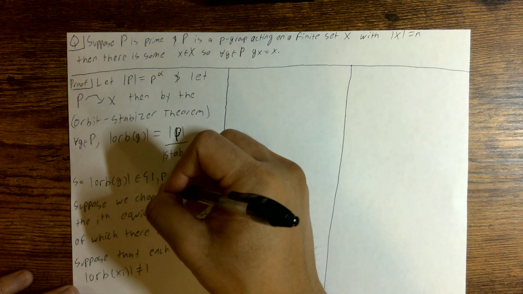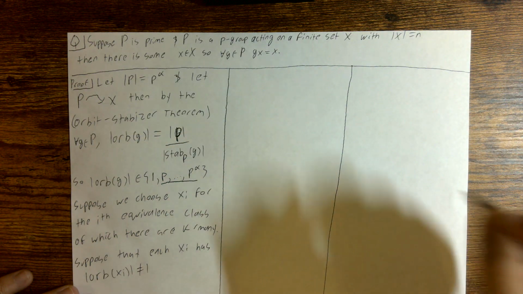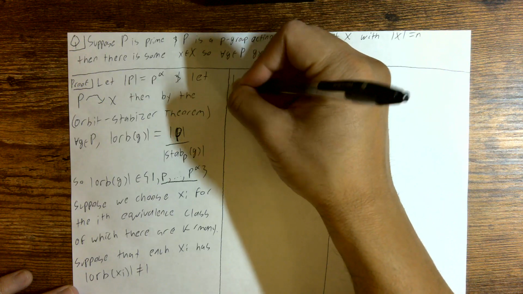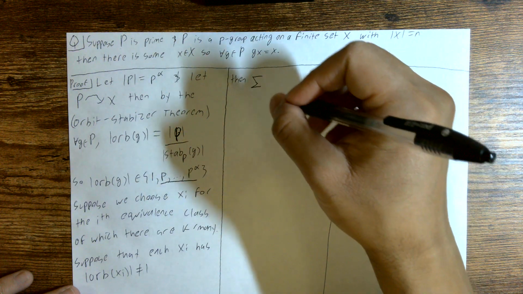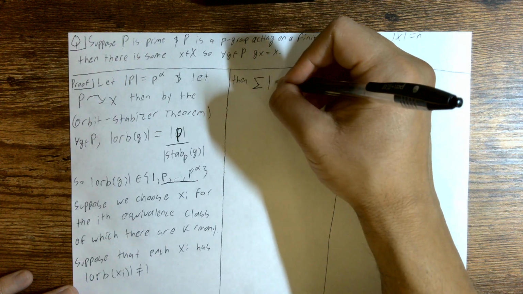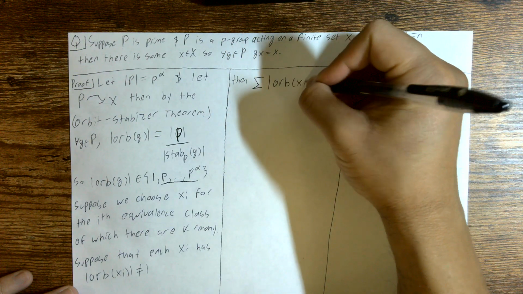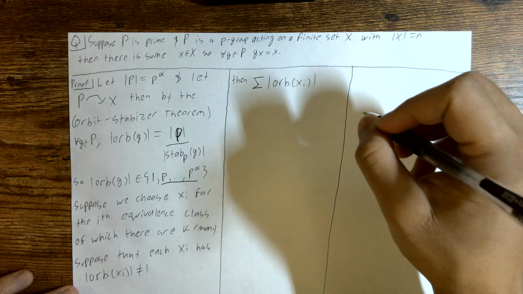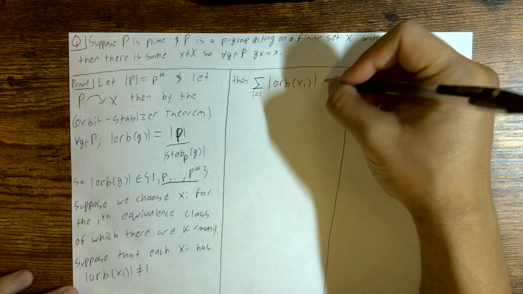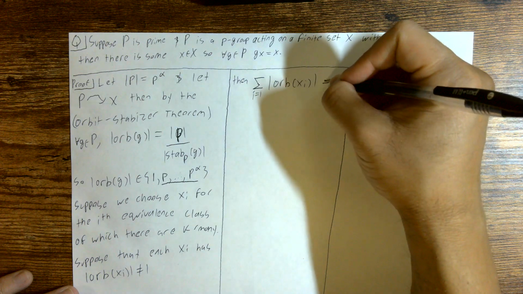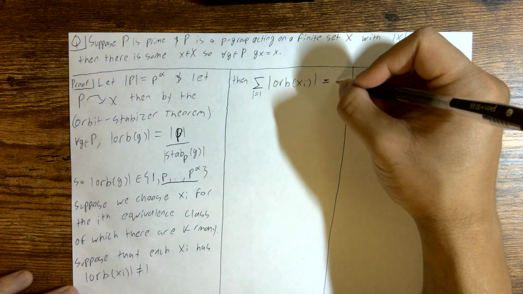Then in that case, the size must be some power of p. Then note that the sum of these sizes for each orbit equivalence class will then be equal to the cardinality of X, which is n.